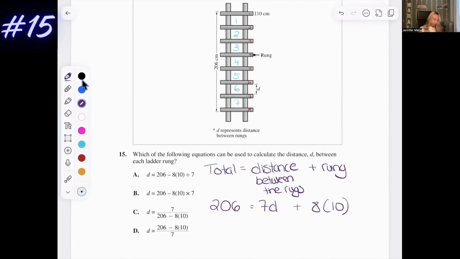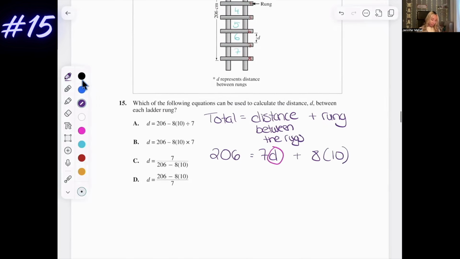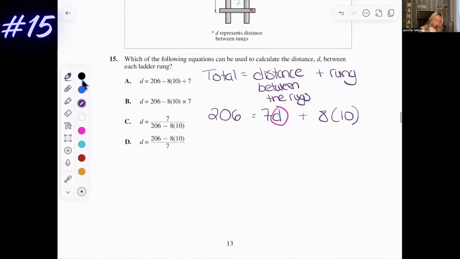Now I need to solve for D, and once I do that, I'm going to have my answer. So let's see what we have here. We have 206 is, of course, equal to 7D plus 80. We want to get the letter on its own. So I'm going to minus 80 from both sides.